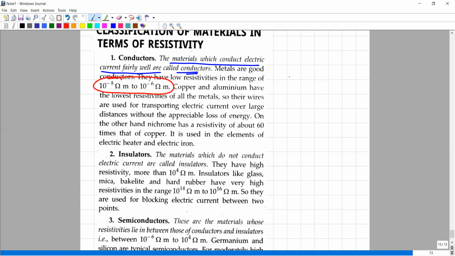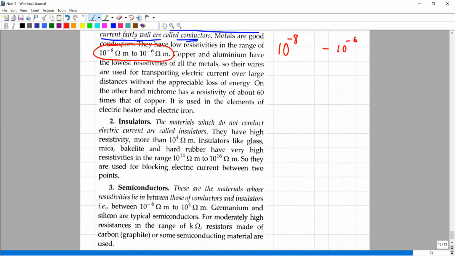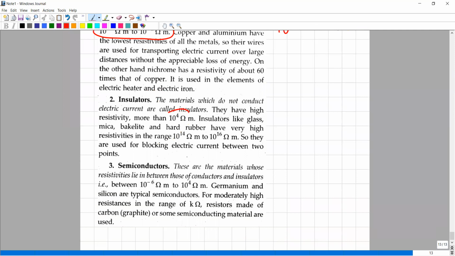They have low resistivity, 10 raised to minus 8 ohm meter to 10 raised to minus 6. You need to remember this value here. You can read this thing. Then you have insulators, which have a resistivity of 10 raised to 4.